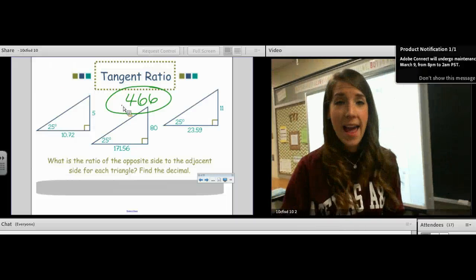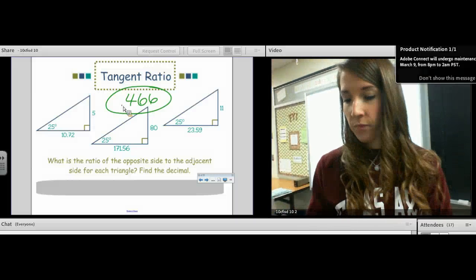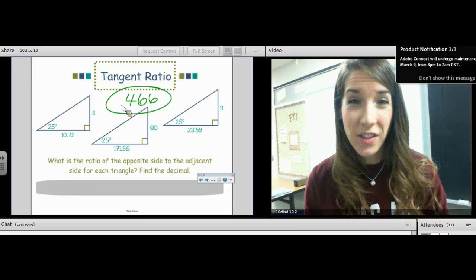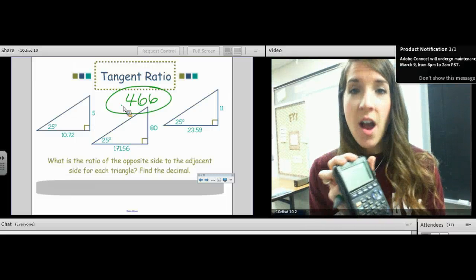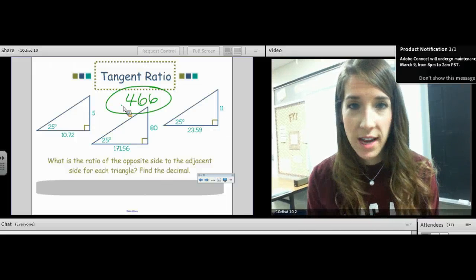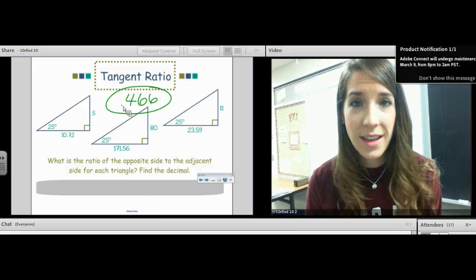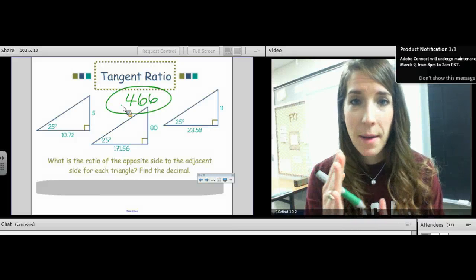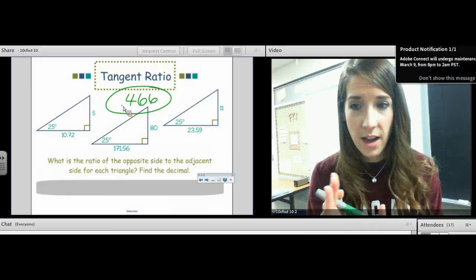When you press a trig function like tangent on your calculator, I don't want it to be a mystery as to what that calculator is doing. All that calculator is doing is taking a side and dividing it by a side. It's taking a number and dividing it by a number.